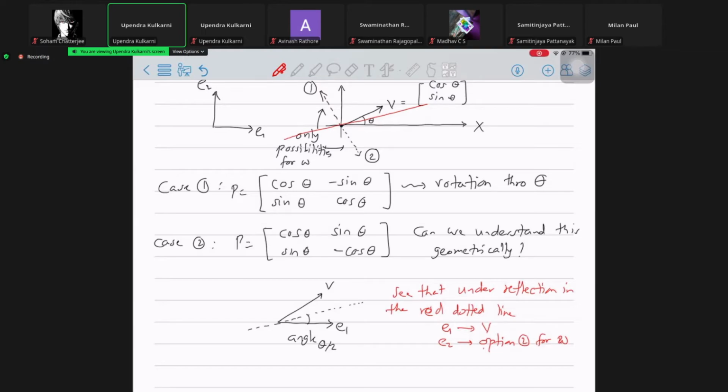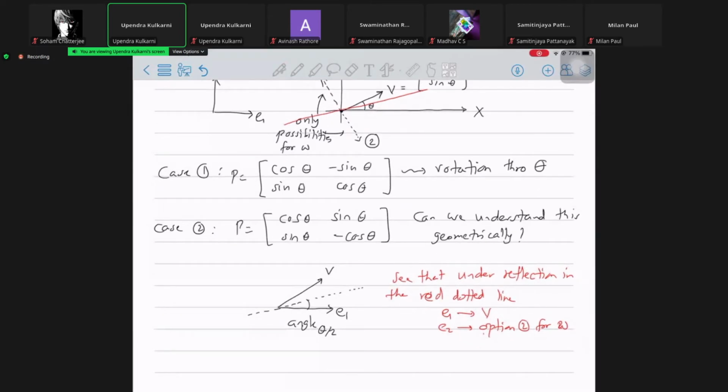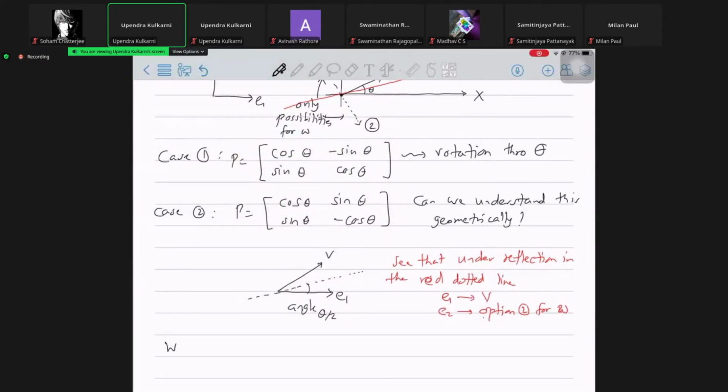Okay, so work out reflection composed with reflection. So reflection 1 composed with reflection 2 equals what?